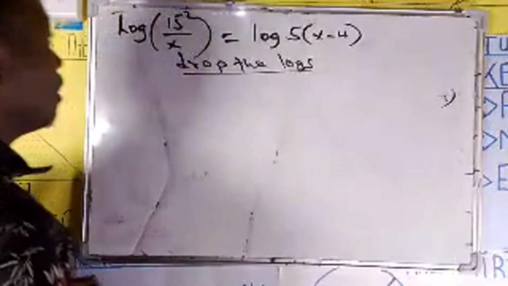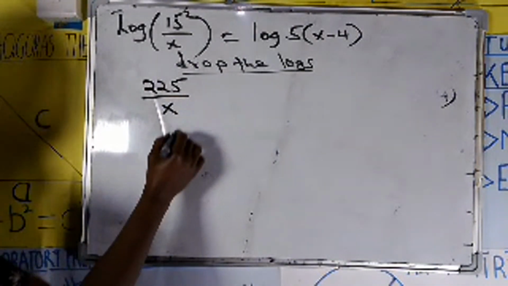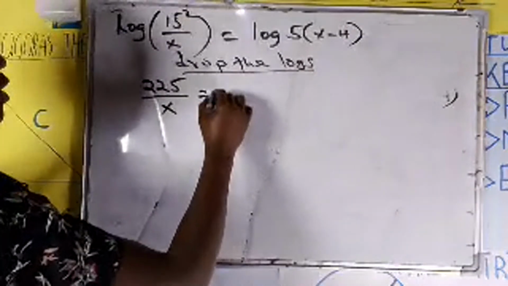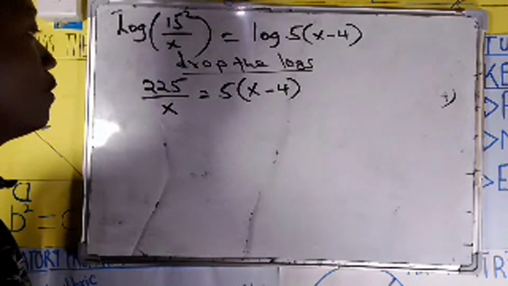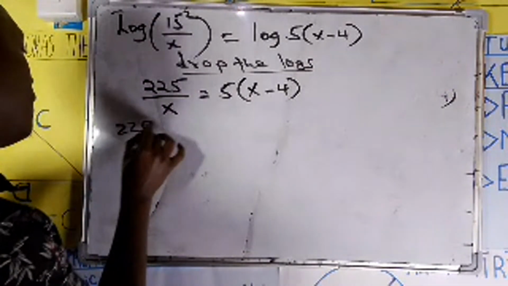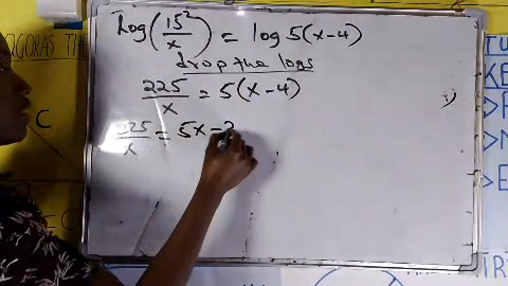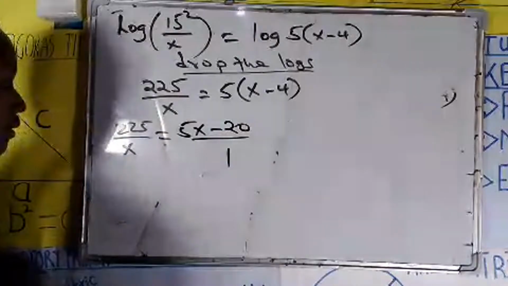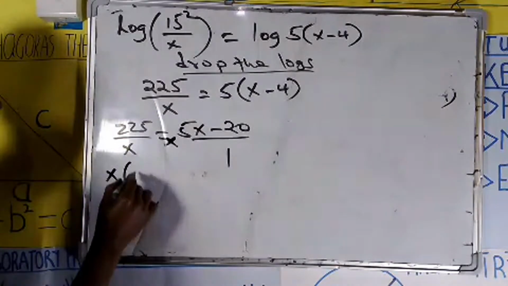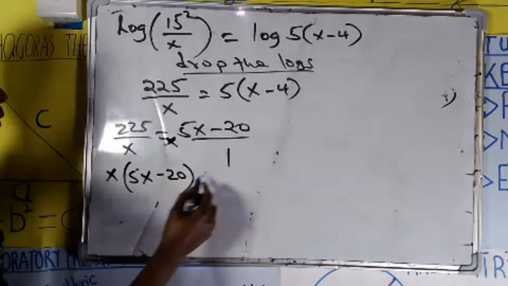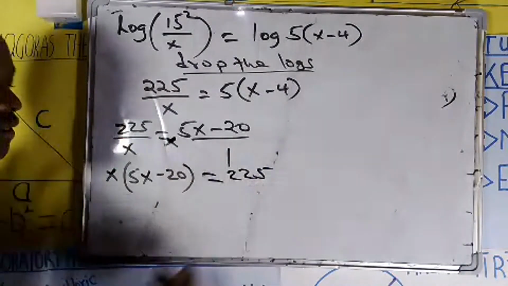Ukisolve bila logs itakuwa 15 squared is 225 over x is equal to 5 into bracket x minus 4. So itakuwa 225 over x is equal to 5 times x is 5x minus 20, that is over 1. So tukifika hapo we can cross multiply to have x into bracket 5x minus 20 is equal to 1 times 225 is 225.